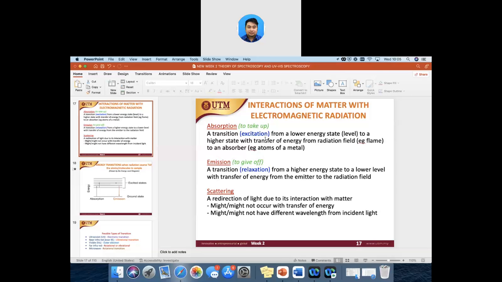When your analyte does not do anything, it acts as it is at the ground state. When it absorbs the electromagnetic radiation that has been imposed on it, it will become excited.